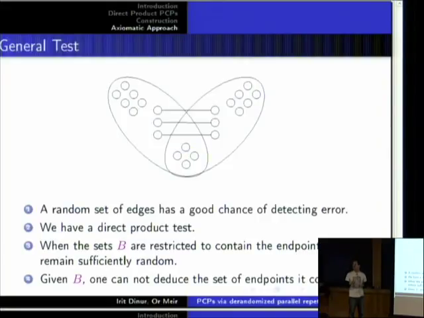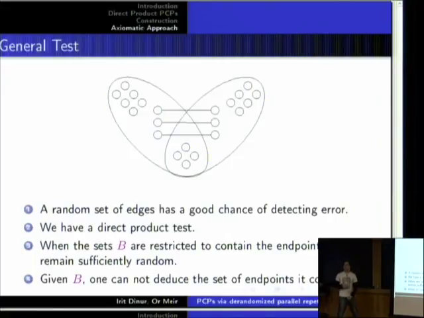Then the sets of endpoints sample well the sets B1 and B2. Maybe it will be easier to tackle offline, because given B1 and B2, you know what the edges are. No, that's the whole point.